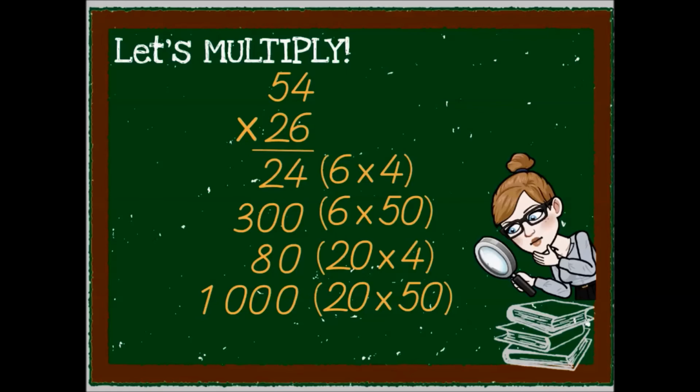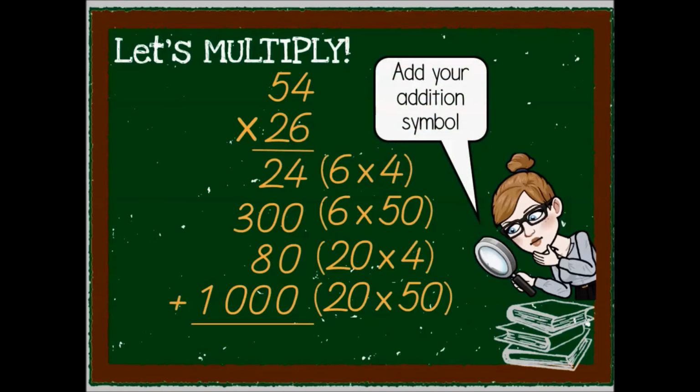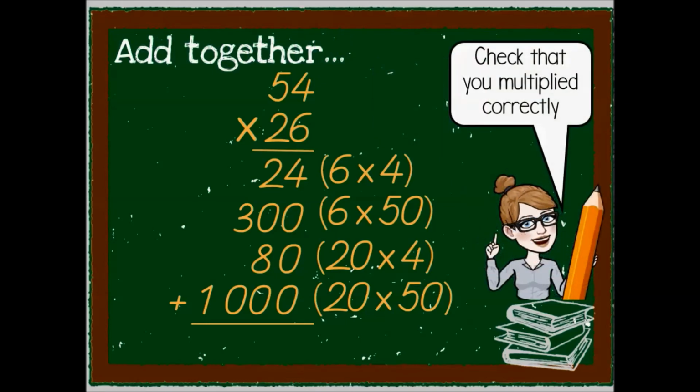Now, we've got this lion in a corner because all the hard work is done and all that is left is to add our answers up. Always check carefully that you have multiplied accurately. Otherwise, the answers that you are adding might be inaccurate. Right, so a 4 plus all those zeros is a 4. 2 plus 8 is 10, so we leave the 0 at the bottom and carry over the 1.